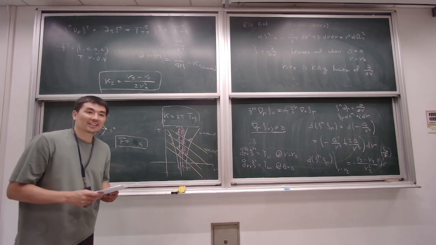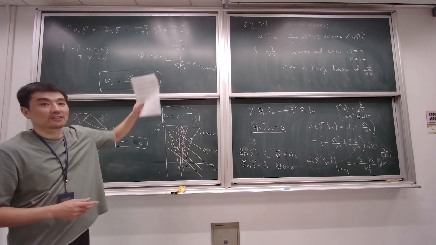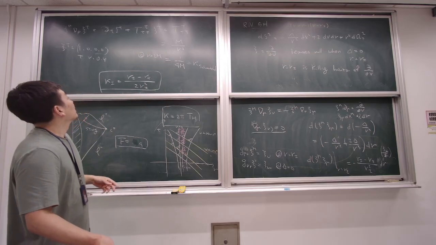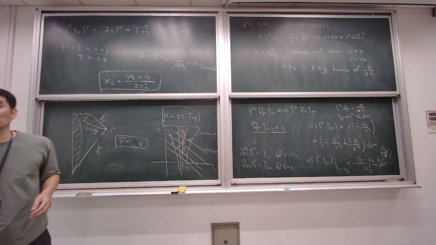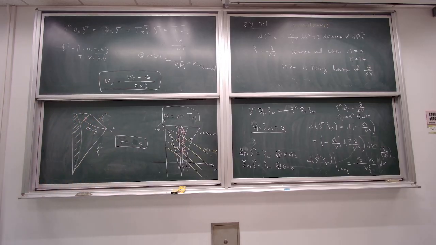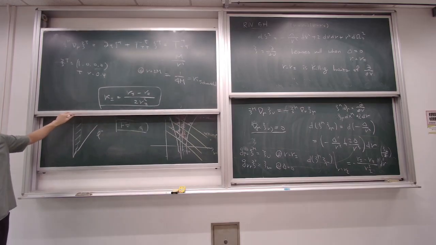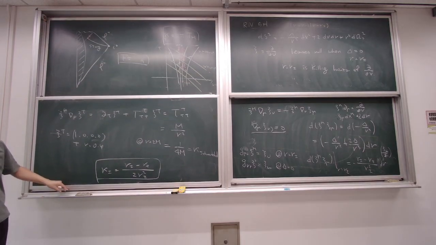We calculated the surface gravity for Schwarzschild, right? And for Schwarzschild, this is gamma TTT, right? Yes. But it is 0 for Schwarzschild? Is it 0 for Schwarzschild? Yeah, we can just calculate. There should be a derivative with respect to time, which actually is time dependent. Most likely you're right.